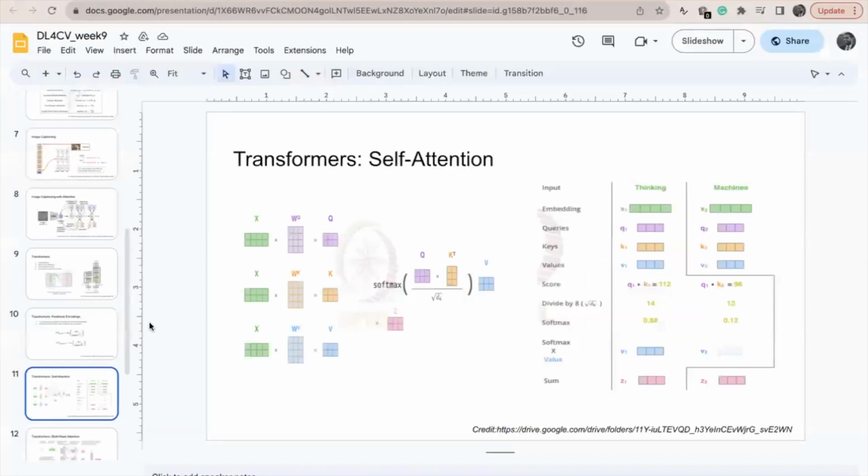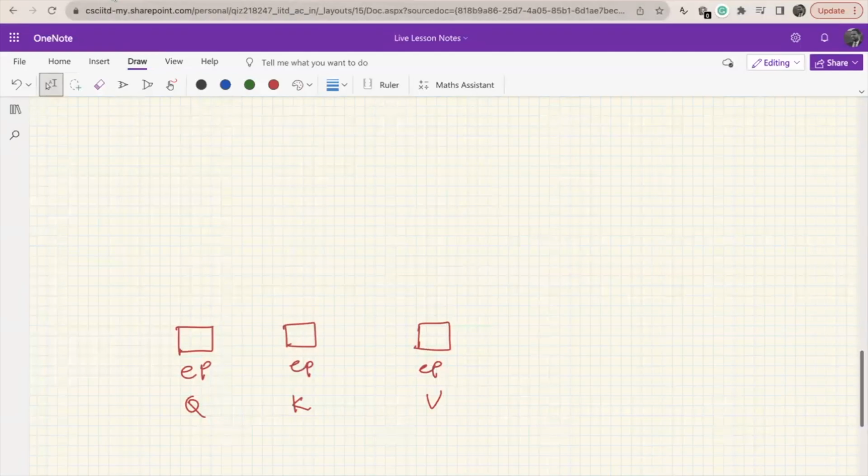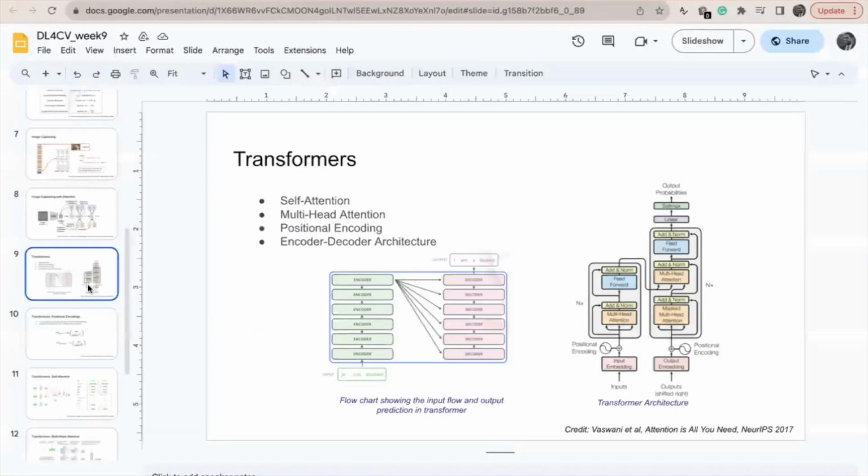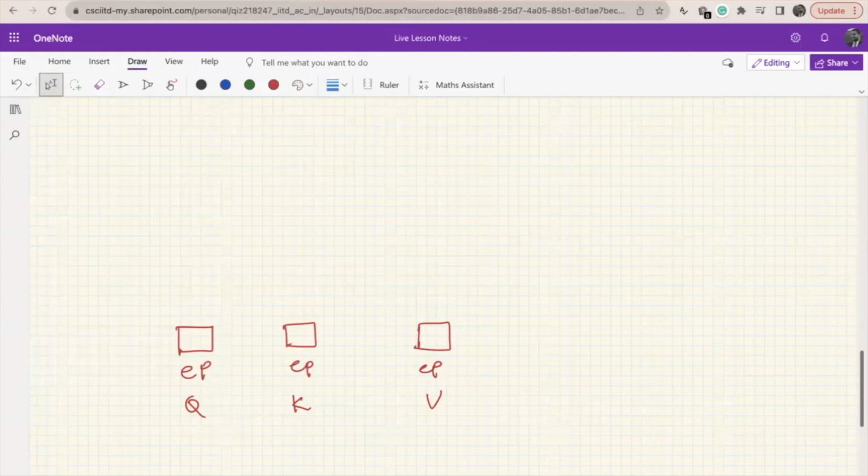If you go to this slide, before multi-head attention I skipped one layer, that is a linear layer. What the linear layer does is it takes these values and compresses them to a smaller representation. Why do we need that?